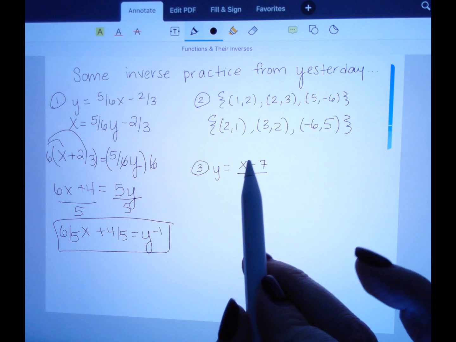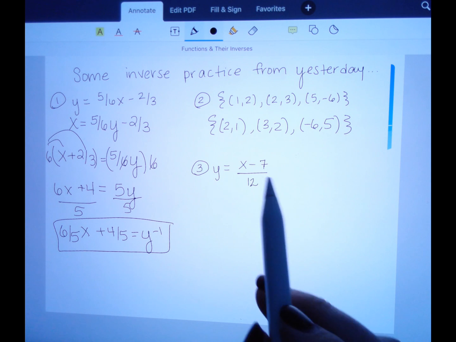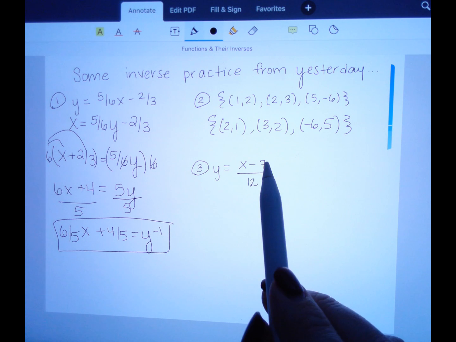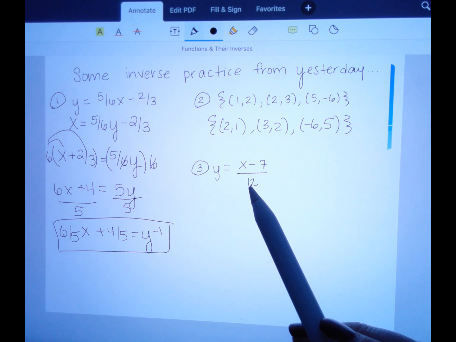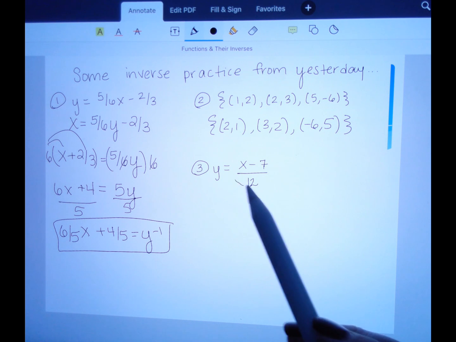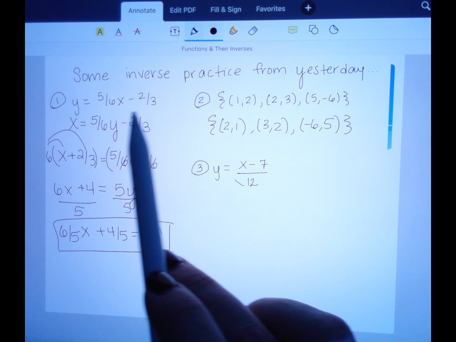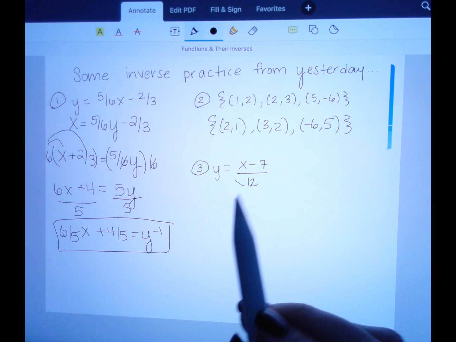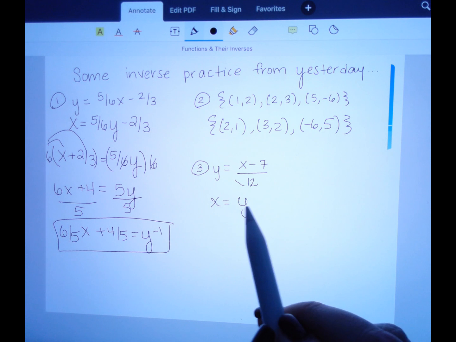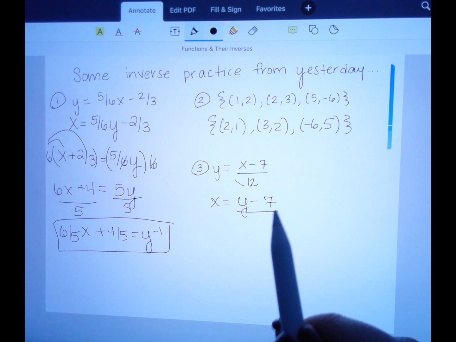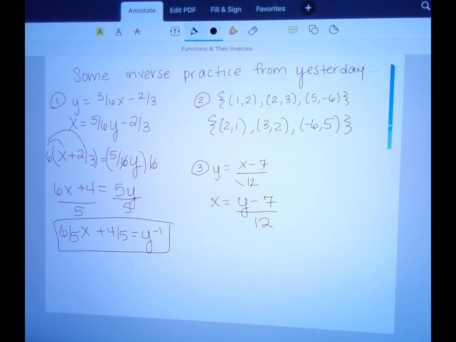And then on this function here, this is still a linear function, okay? This is just 1/12 x minus 7/12. So we could split this up to look like this right here. But what we're going to do is leave it like this, switch your x and your y, because this is actually easier to solve for because they have a common denominator.